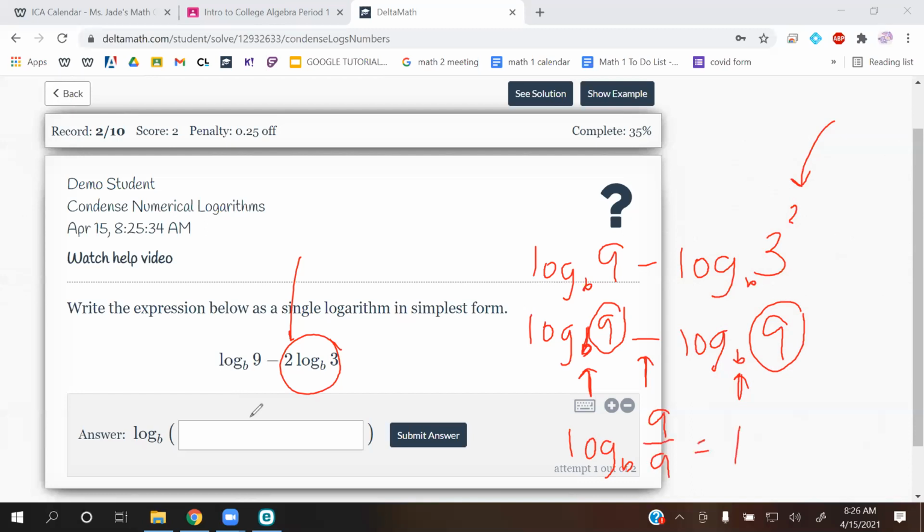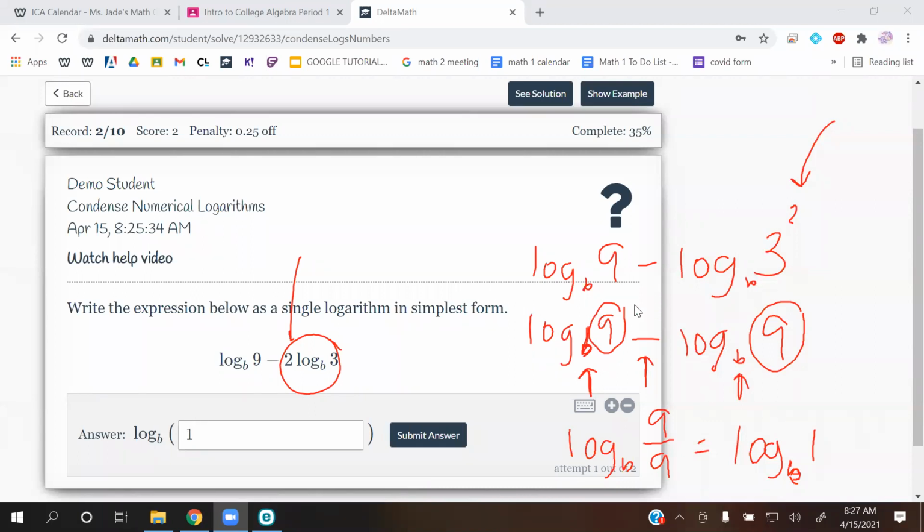And so this is log base b of 1. And so your final answer that you're going to type in here is a 1.